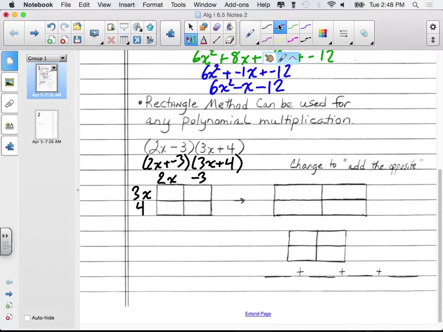Alright, so next thing we do, we just bring everything over. Now we're going to show the multiplication of each step. So for this top left box, we're going to multiply the 3x and the 2x because that's where they meet if we go in. So 3x times 2x.